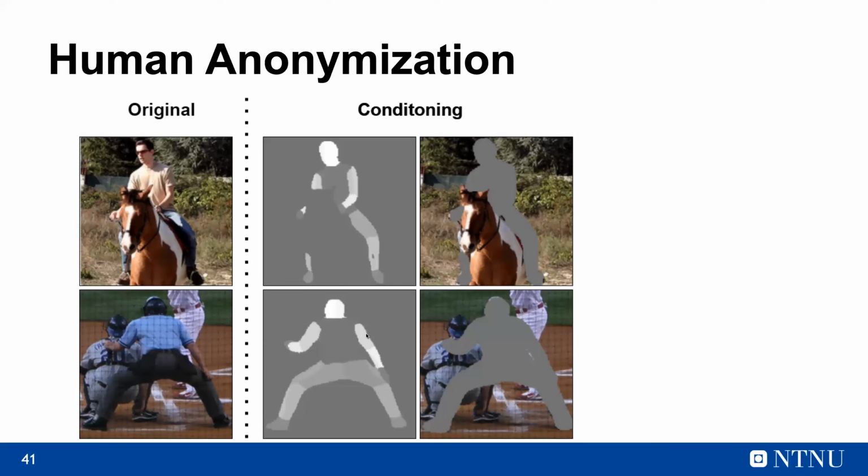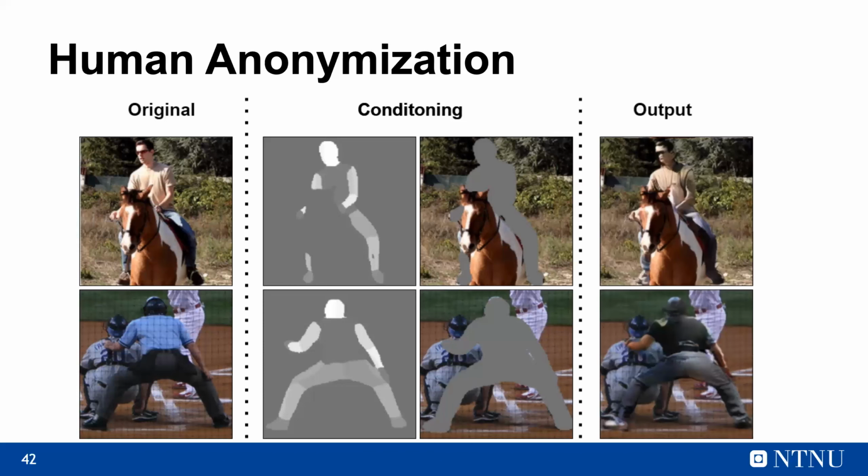So DensePose categorizes each part of the human body into different limbs. So you have the head, the torso, and the hand and more body parts. This was all fed into the same neural network that deep privacy was trained on, and you could see the output right here.